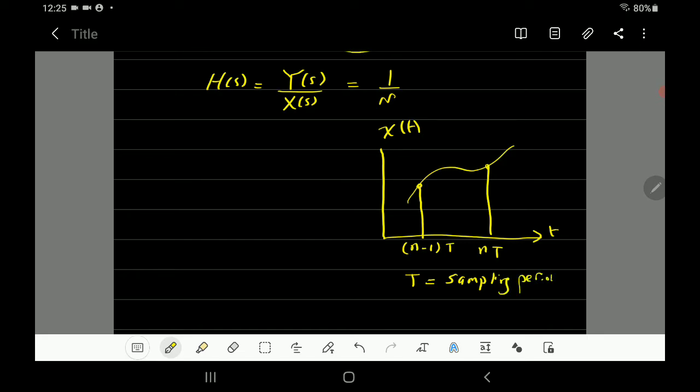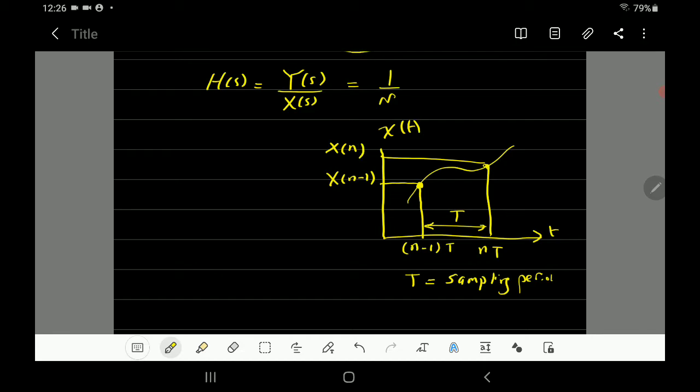So simply you have two samples, one at nT and the one before it at n minus 1 T. For example, you have 4T and you have 3T. The difference between the two samples is the sampling period T. The value of the function at this one will be x of n minus 1 T, and the value at this one will be x of nT.